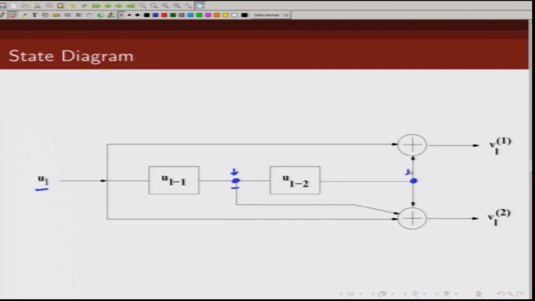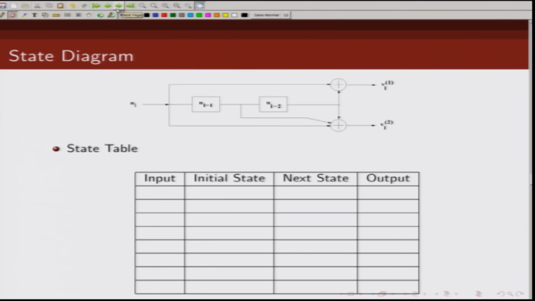Okay. So, let us try to draw the state diagram for this convolutional encoder. As we said, these are the states of the convolutional encoder. So, we first enumerate all possible states and all possible inputs.